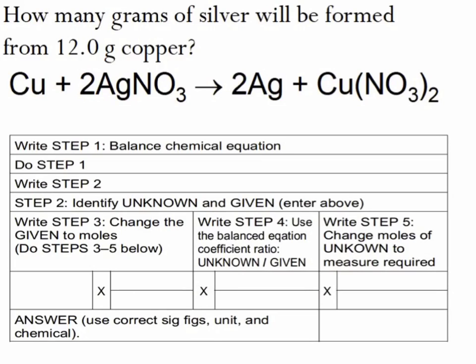So now I want to know how many grams of silver will be formed from 12 grams of copper. So I start out with what I know. I know I have 12 grams of copper, and I need to get to grams of silver.